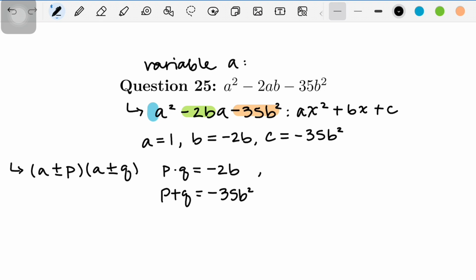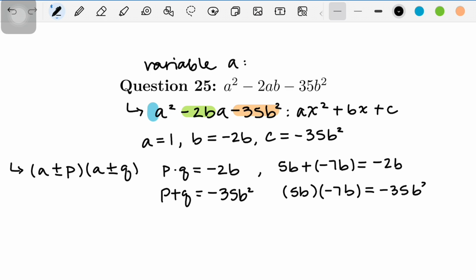So here we kind of need to do some guessing and checking to find terms that'll make this true. First of all, if I let p be equal to 5b and then q be equal to minus 7b, if I were to add these together, 5b plus a minus 7b, this would give me a minus 2b. And then if I were to multiply these together, multiplying 5 and 7, this would give us minus 35, and then b times b is b squared.